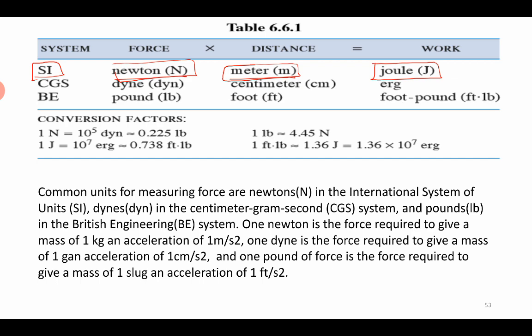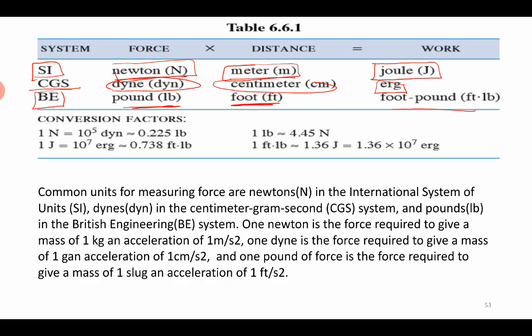If you are using the centimeter-gram-second system, force is given in dynes and distance in centimeters, therefore the unit of work is the erg. If it is the British engineering system, force is given in pounds and distance in feet, therefore the work done is in foot-pounds. Remember these three important systems, and then we will derive the formula for variable force.